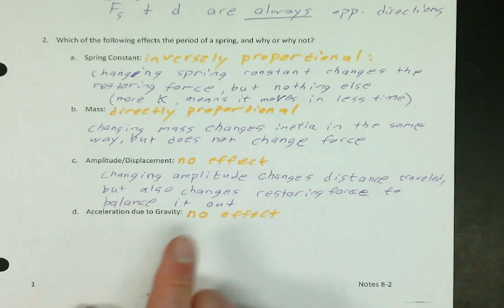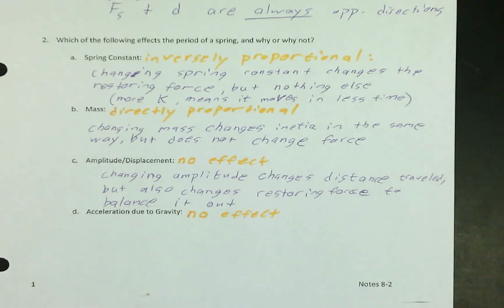All right, so why does gravity not have an effect? The reason gravity doesn't have an effect is because it's not weight that affects pendulums, it's mass. So because it's not weight, changing gravity doesn't change the weight, the force. It just changes kind of how it moves, but it balances out with the inertia.